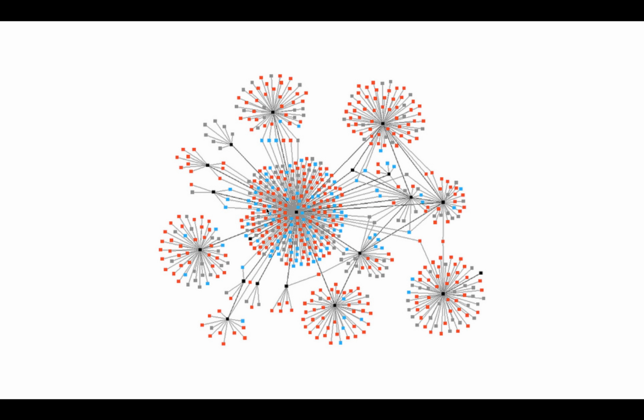So unless you're one of these black nodes in the center, which is not very likely, you're more likely to be one of these. It means that you only have one friend, or maybe a few friends. This is oversimplified, of course, but you can see the point, right? You're most likely one of these. And that means that you have one friendship, but that friendship has a lot of friends.